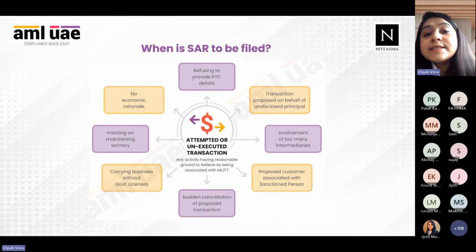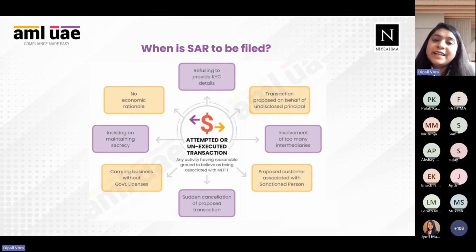When could a SAR be filed? A SAR would be filed at the stage of a proposed transaction, or if it's an in-progress transaction. If that person is refusing to provide the KYC details, or refusing to provide the UBO details, or they are acting on behalf of some undisclosed principal, as in they are not the person taking the decision, or they are not the beneficiary of that transaction, that is something weird.